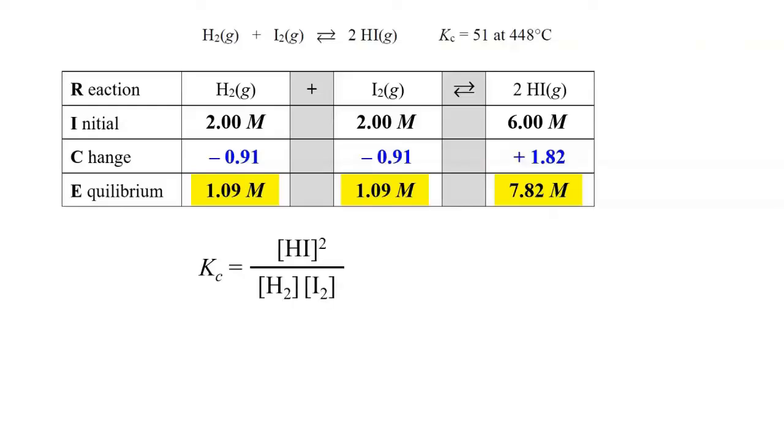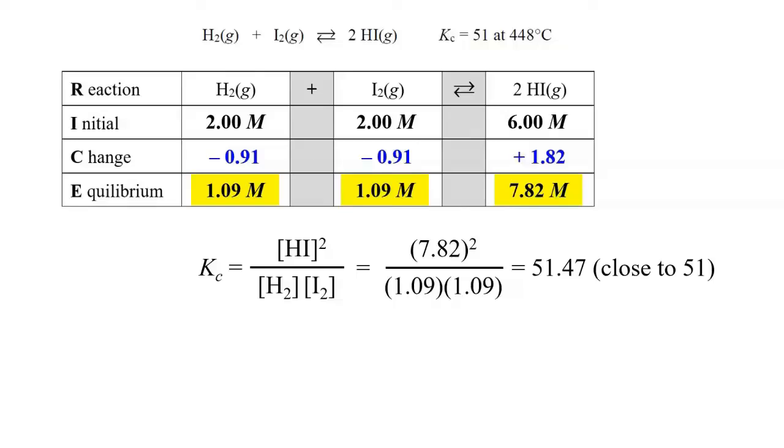Let's go ahead and verify that this is in fact an equilibrium system by plugging the equilibrium concentrations into the equilibrium constant expression. So 7.82 squared on the top, and the product of 1.09 times 1.09 on the bottom. When you do this math on your calculator, hopefully you get a number that is pretty close to 51, indicating that we have an equilibrium system.